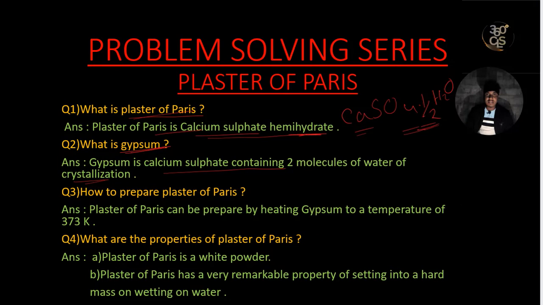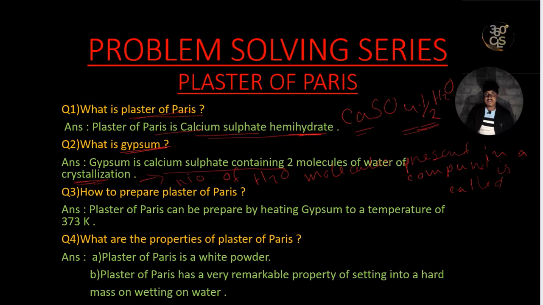Now water of crystallization का मतलब क्या है? So the number of water molecules, H2O molecules, present in a compound is called what?